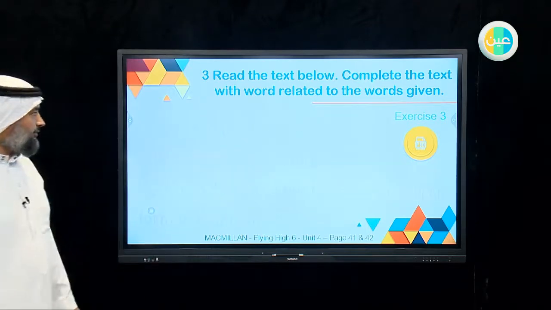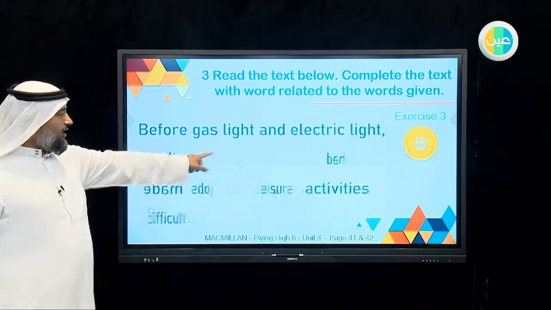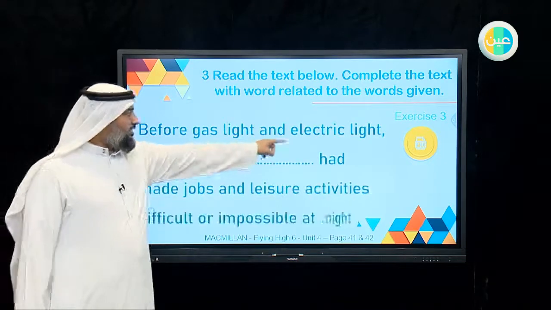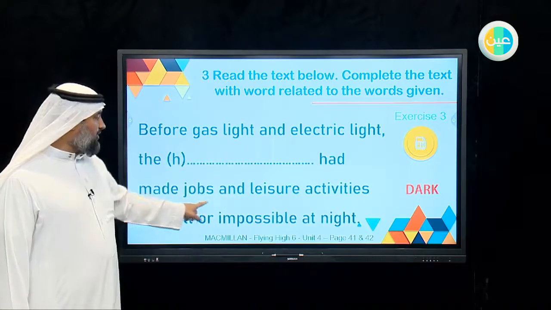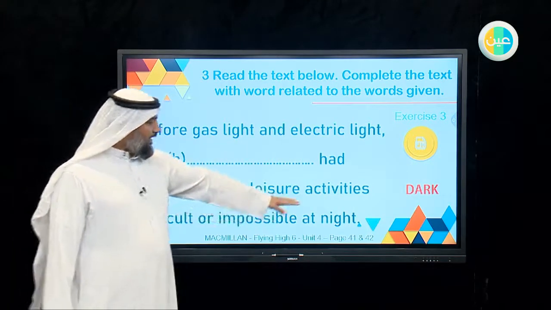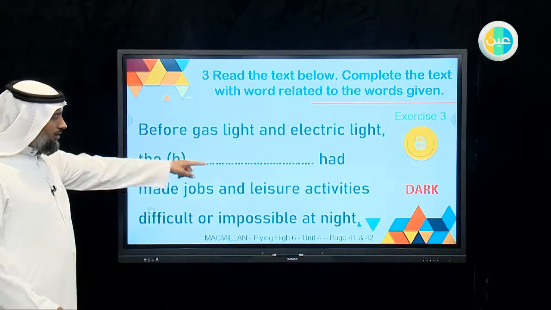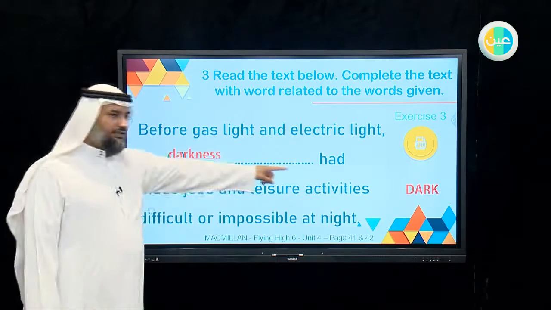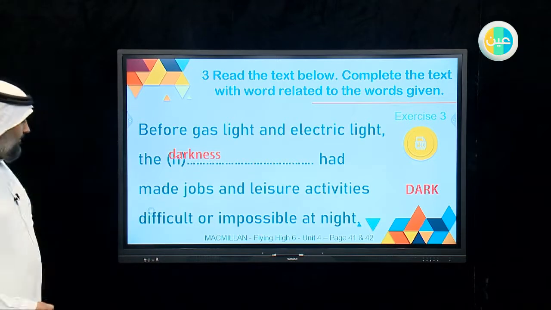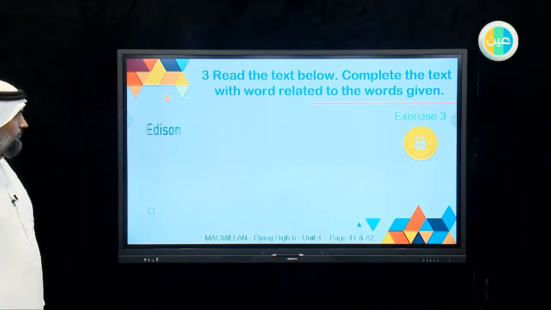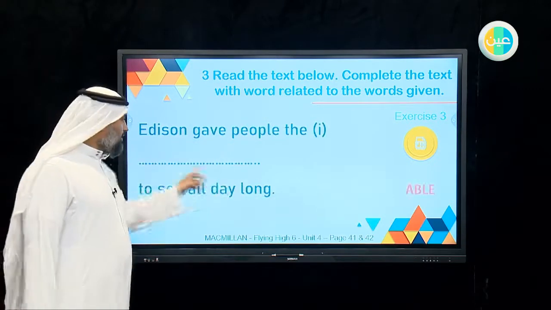The next one is, before gas light and electricity light, the space had made jobs and lectures actively. So dark. So what is the meaning of dark? The darkness had made jobs. Okay? Edison gave people the space.